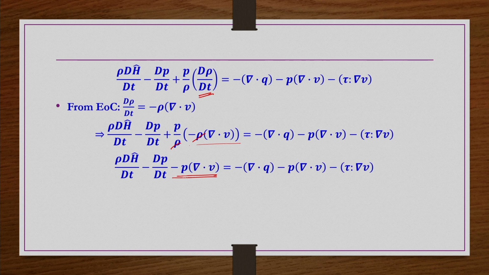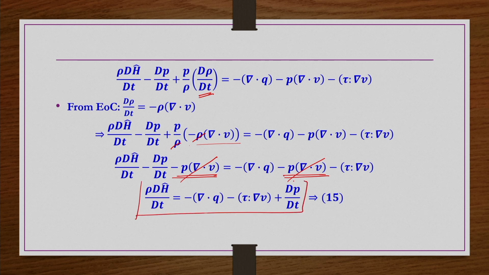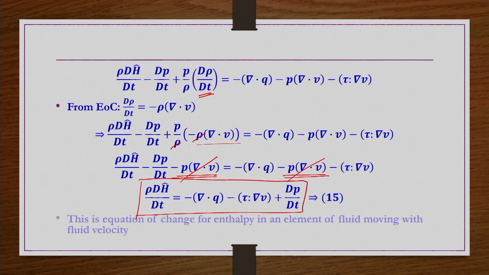This minus P del dot v in the left hand side and the minus P del dot v in the right hand side can be cancelled out, and then if you bring this minus DP/Dt to the right hand side, you have ρ DH̃/Dt is equal to minus del dot q minus τ double dot del v plus DP/Dt. This is nothing but the equation of change for enthalpy in an element of fluid moving with the fluid velocity.